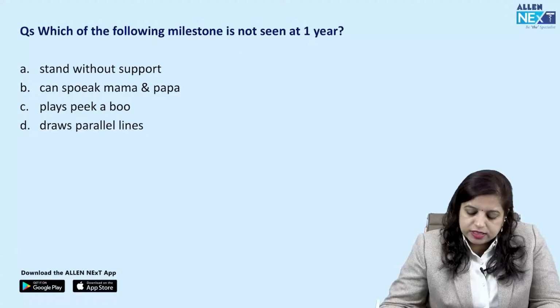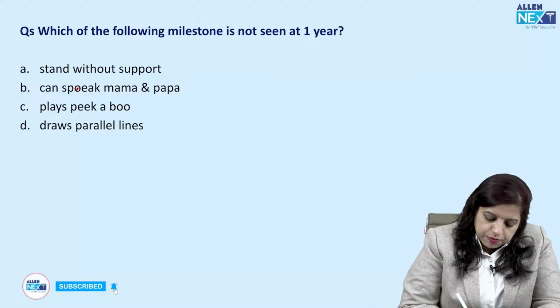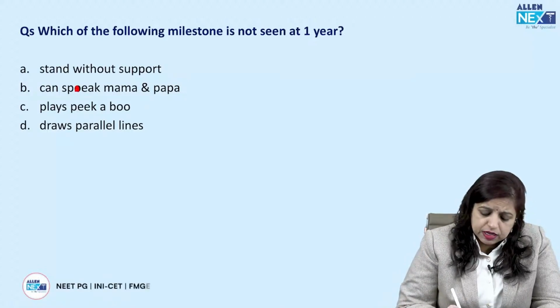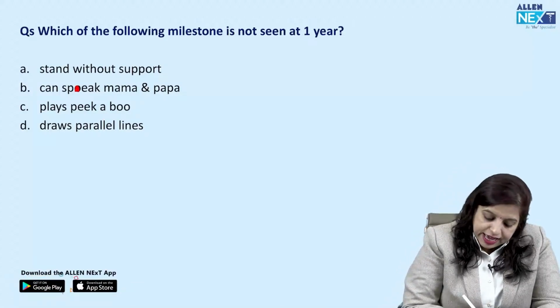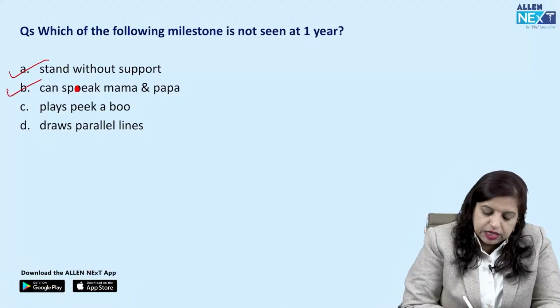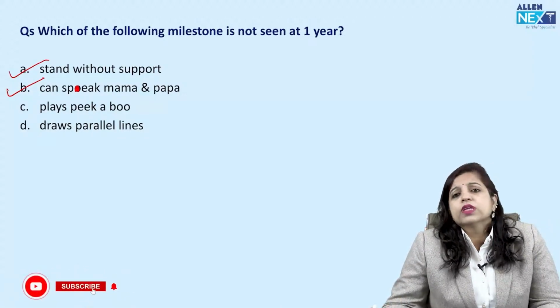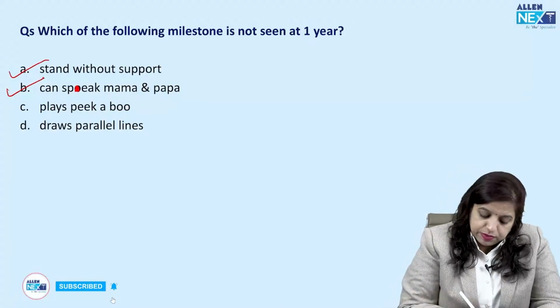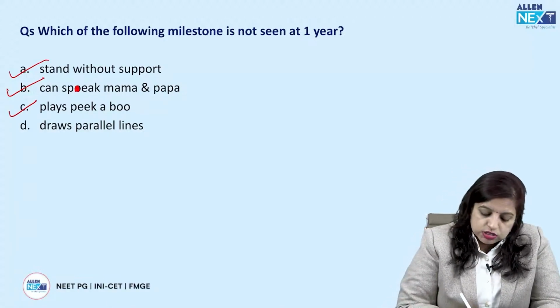Which of the following milestones is not seen at 1 year? Stands without support, can speak mama, papa, plays peekaboo, draws parallel lines. So we know this: the child can stand without support, can speak mama, papa, because these are bisyllables that would come at 9 months of age itself, can play peekaboo, even that comes at around 8 to 9 months of age, and draws parallel lines.